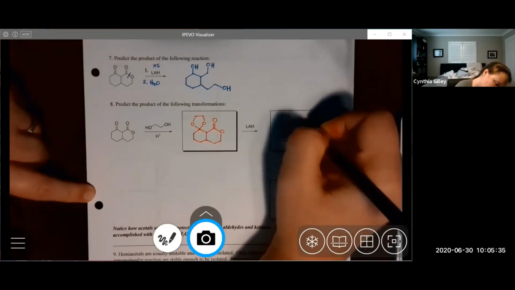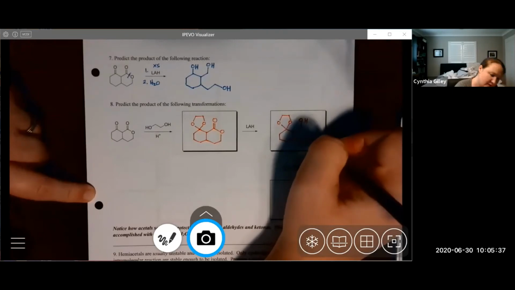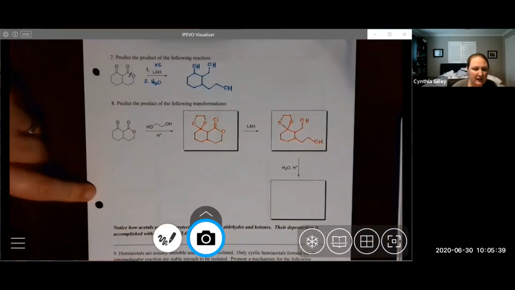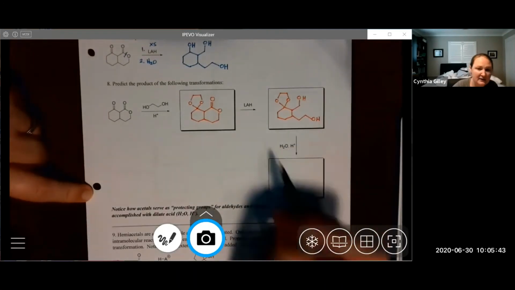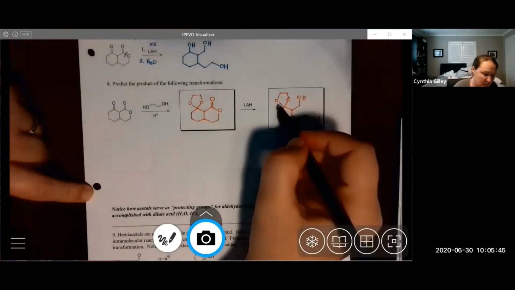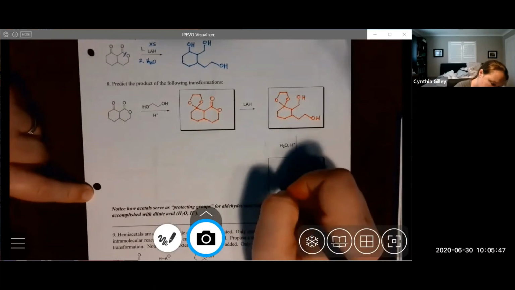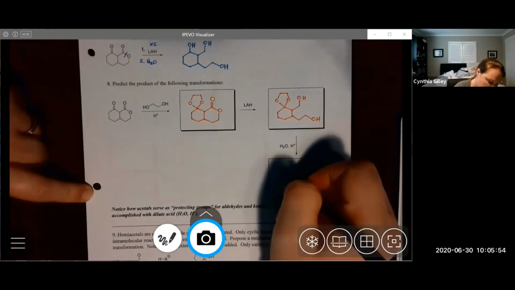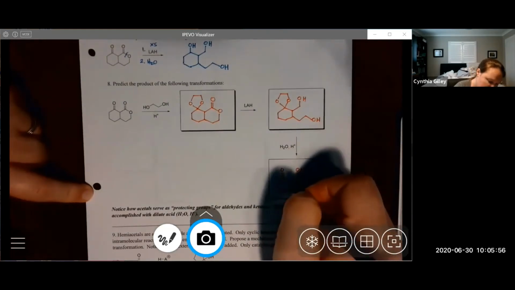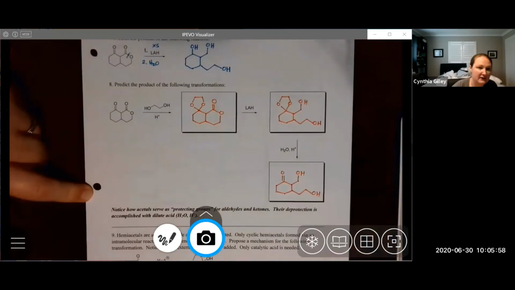Go ahead and reduce the ester, giving the diol, and then now dilute acid will remove the acetal. Go back to the ketone.